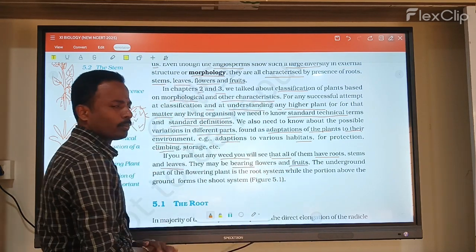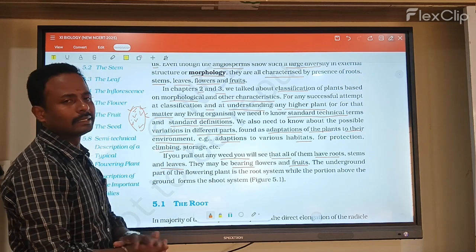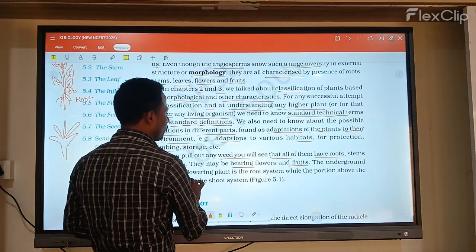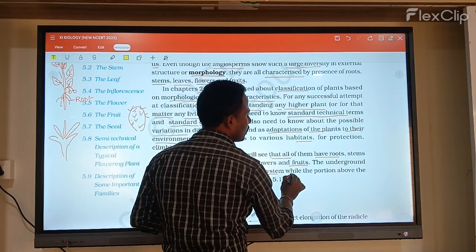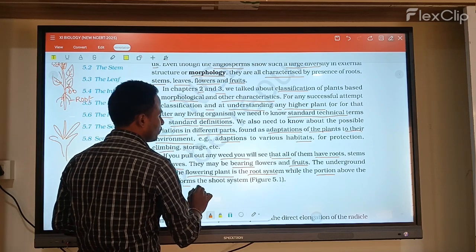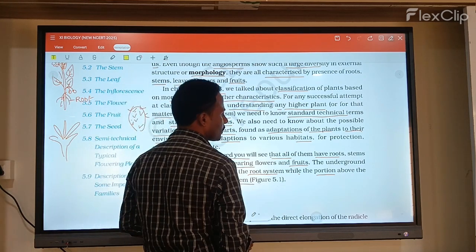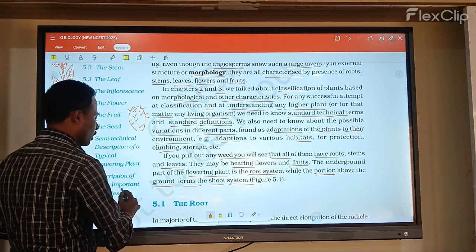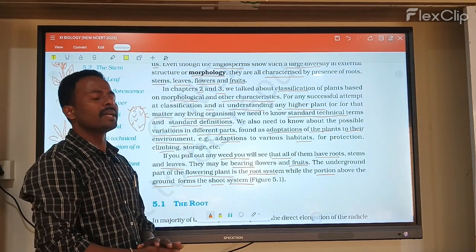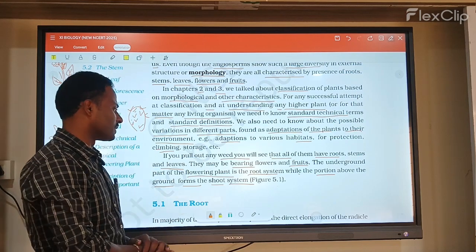The plant produces flowers and fruits too. The underground part of the flowering plant forms the root system, while the portion above the ground forms the shoot system.